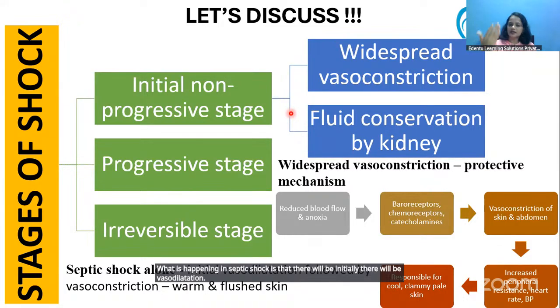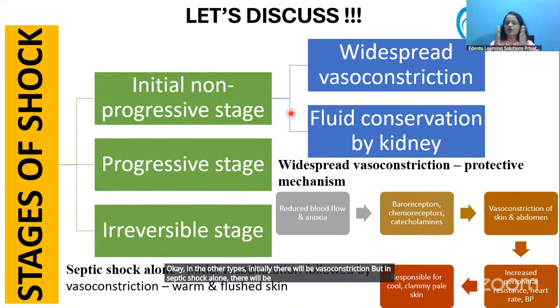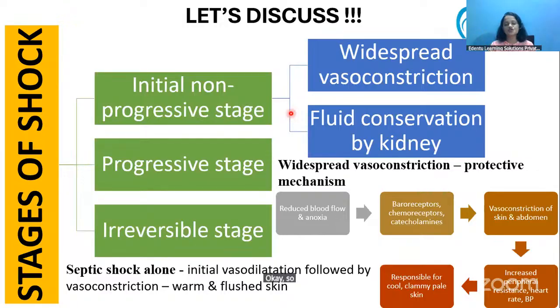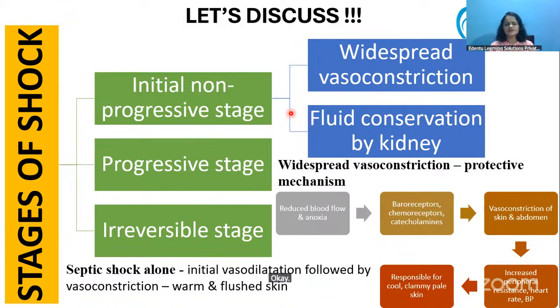In the other types, initially there will be vasoconstriction, but in septic shock alone, there is initial dilatation of the blood vessels. That's why in septic shock alone, patients will have warm and flushed skin. So you should remember this.